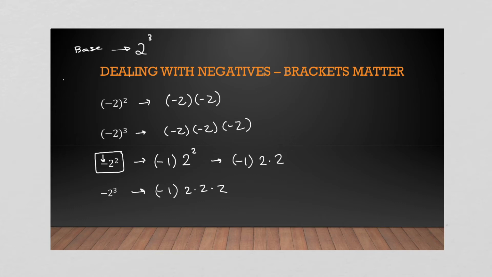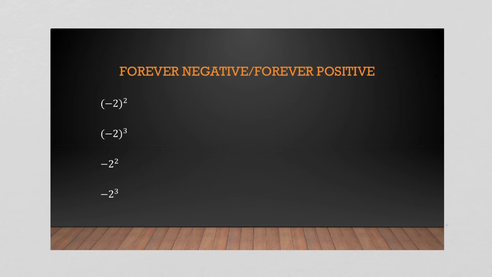If there's no brackets around it, the negative is not included with the exponent, because that's going to change things into what we call forever positive and forever negative. And as I showed here, this is -2 times -2, which gives you a negative times a negative, which is a positive number.